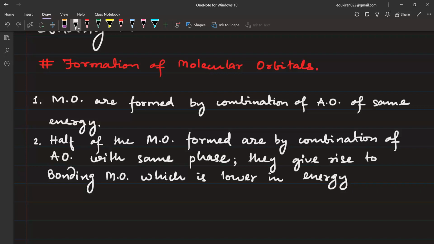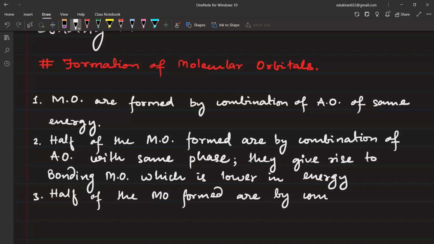The other half of the MOs are formed by combination of atomic orbitals with different phase.